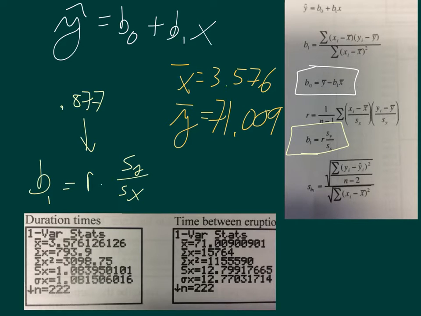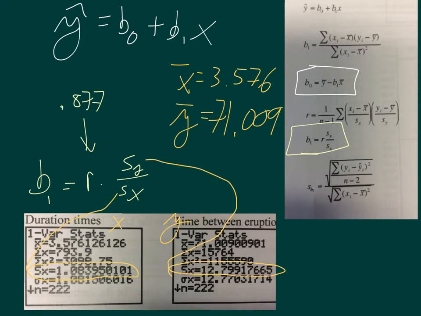So the standard deviation of y, remember this was my x, this was my y, so the standard deviation of y is right here. And the standard deviation of x is right there. And some of you might be saying to yourself, why does it say x over here and x over there?